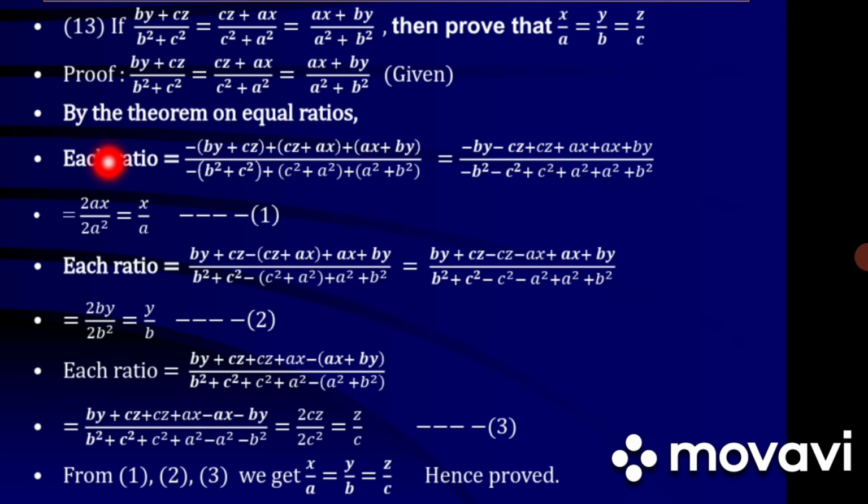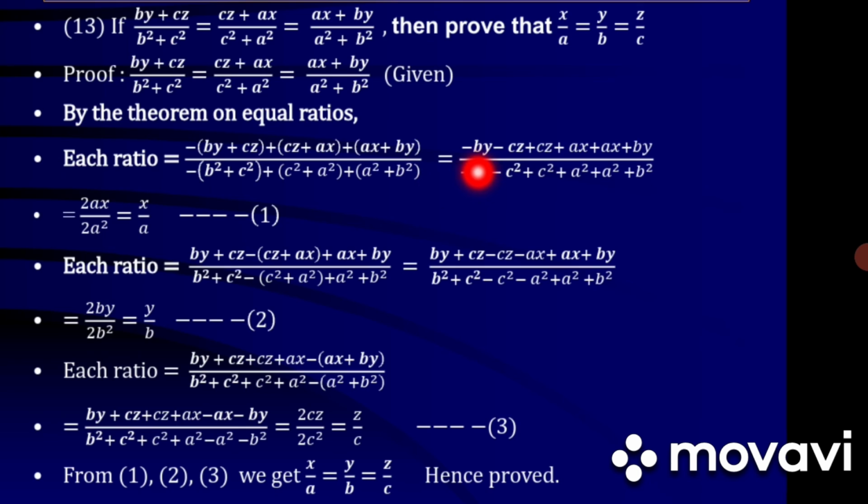In the first case, we want x upon a. Therefore, by the theorem on equal ratios, each ratio is equal to minus of by plus cz plus ax plus by upon minus of b square plus c square plus c square plus a square plus b square.